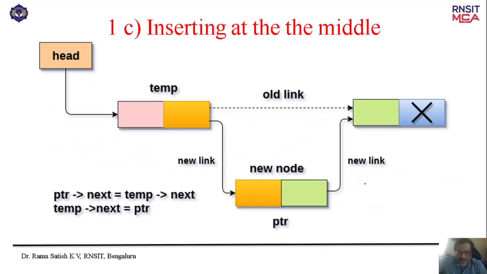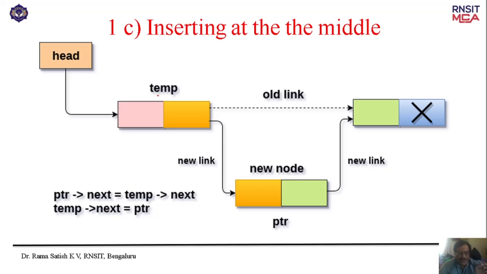Inserting in the middle: that means you already have a head node and a set of linked list nodes. Now I have a new node. If I want to connect this new node in between the linked list, what do I have to do?